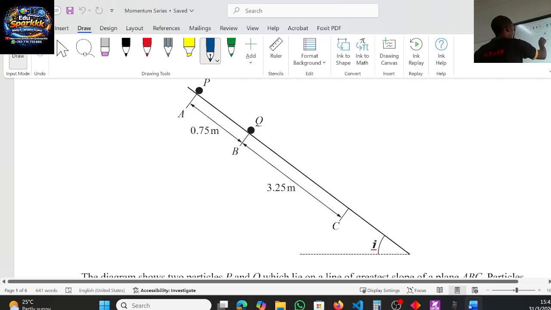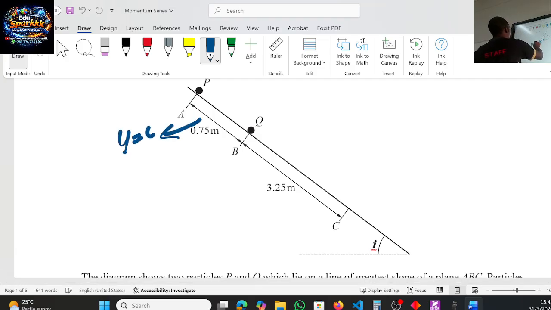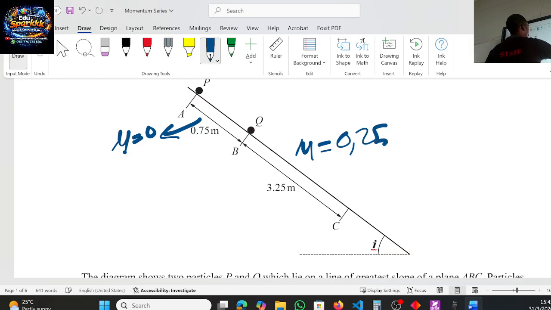So let's try and digest the information given. We are told that this section here is smooth, so in other words, our mu is equal to 0. But this section is rough, meaning there's going to be friction where the coefficient is 0.25.